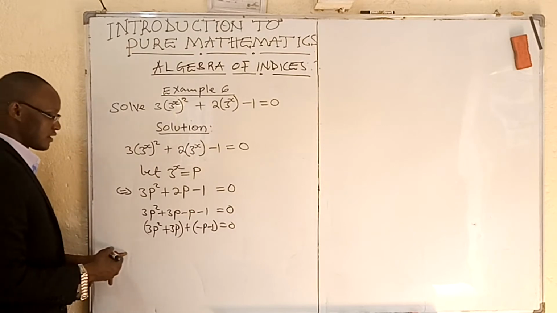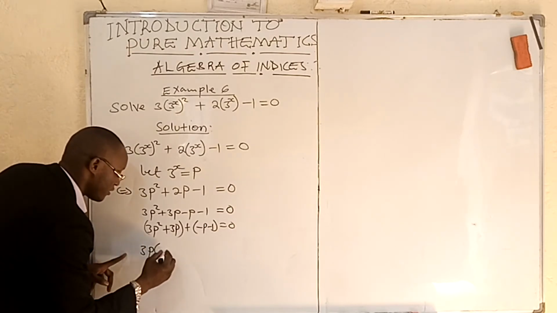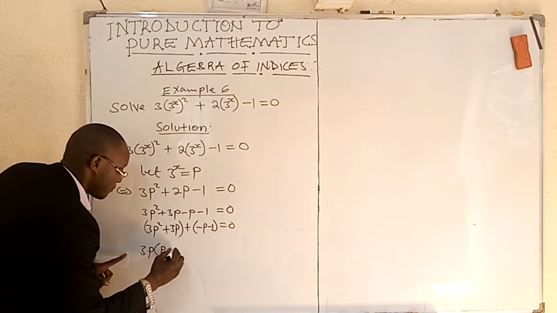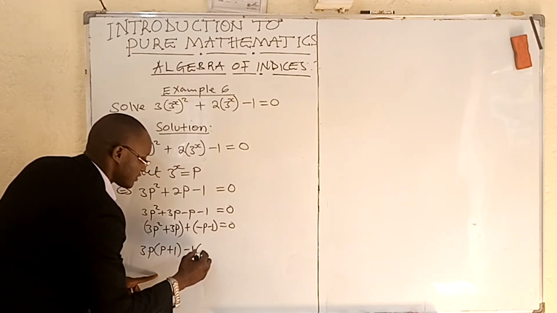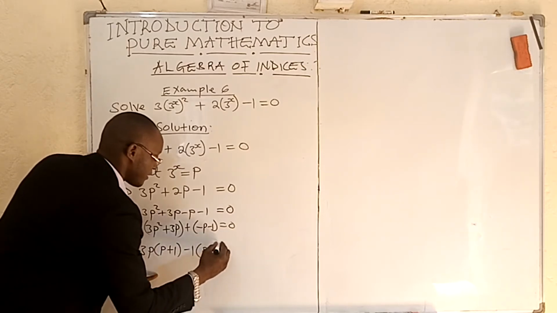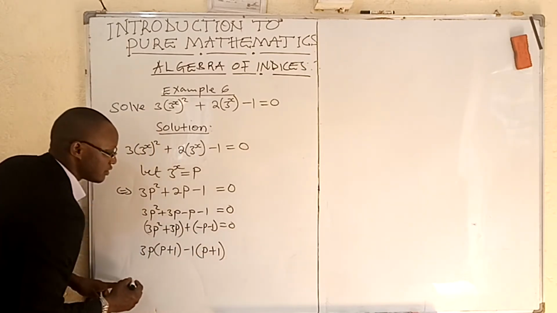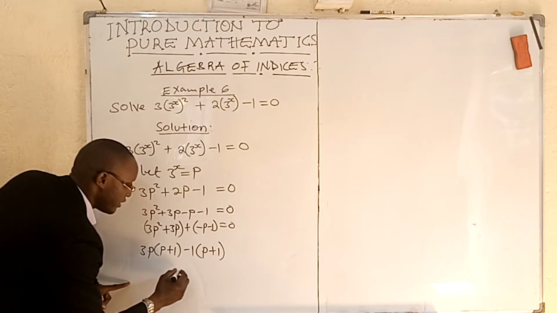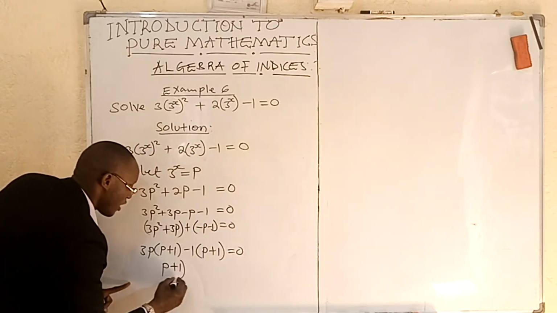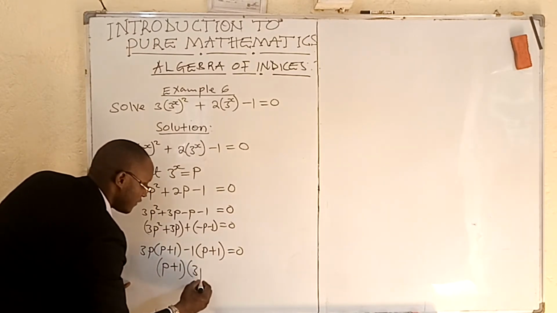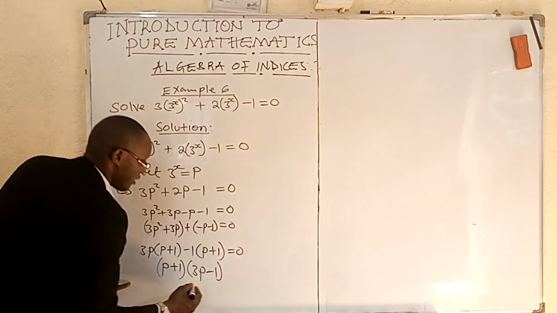Then we factorize out the 3p into p plus 1. The same here, we factorize out negative 1, then p plus 1. So the overall will now be, this is equal to 0. This is going to be p plus 1 as a common factor, 3p minus 1.